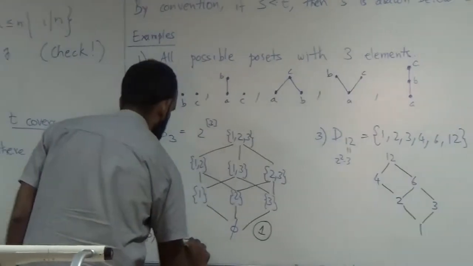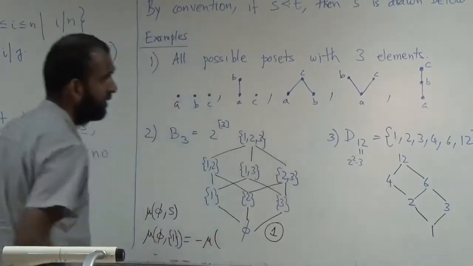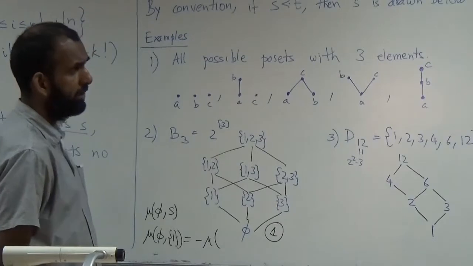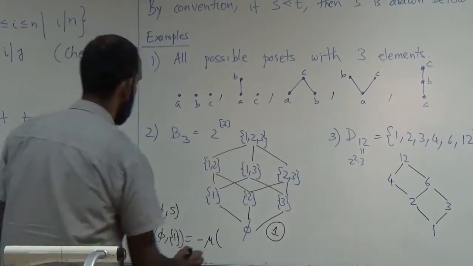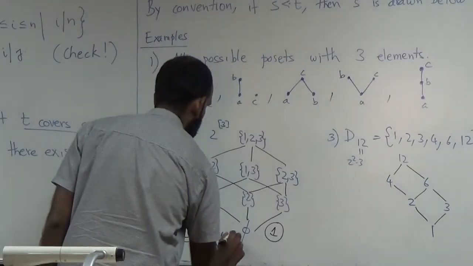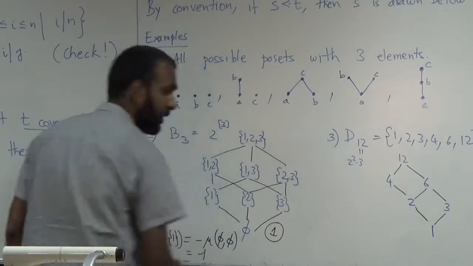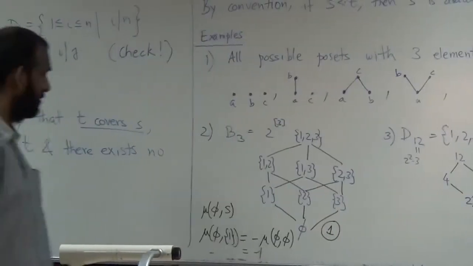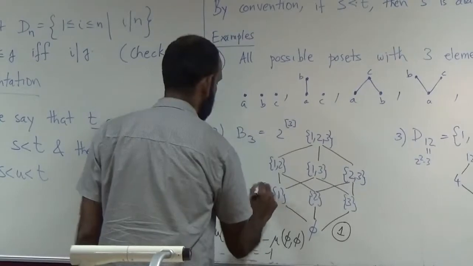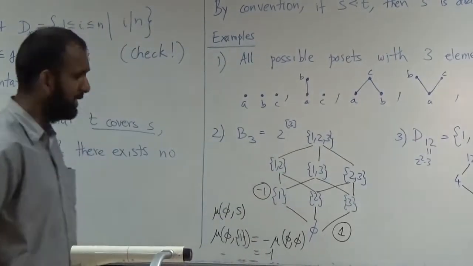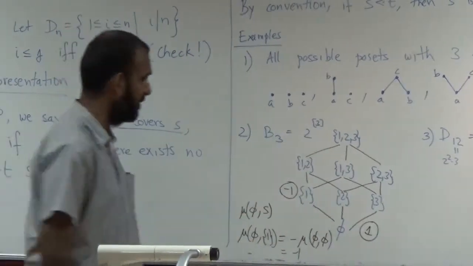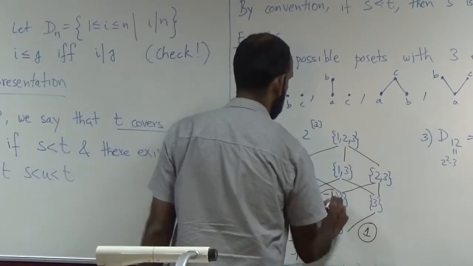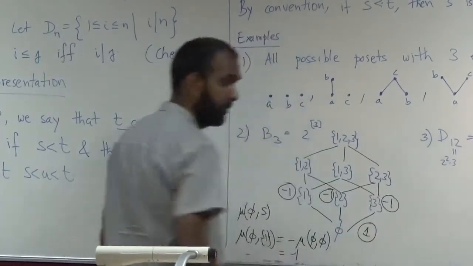So this is minus mu of, T can only be the empty set, and S is empty anyway. So this is minus mu of empty, empty, so that's minus 1, right? So for 1 it's minus 1, and there's nothing special about the set 1. I could have done it for 2 or 3. So for all of these it's minus 1.